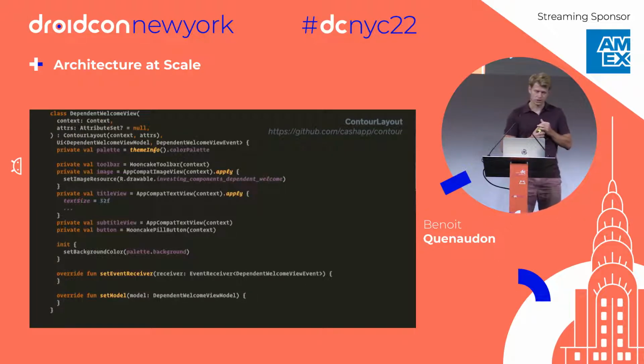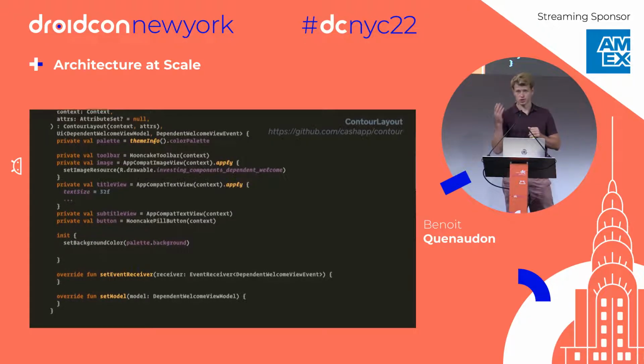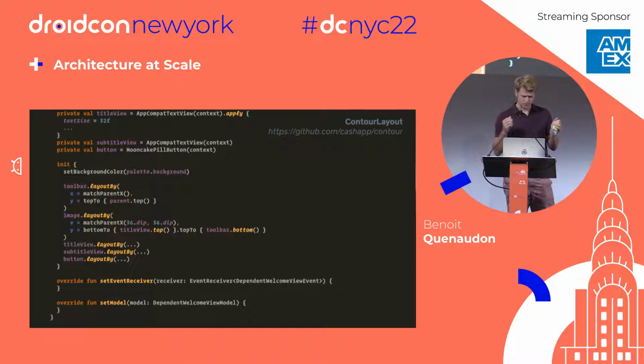And so like in a regular file, you would define all the views you need as members. So we have the palette, which is the way we theme things. You would inline style everything. And the Contour magic allows you to lay out everything. So the toolbar would be on the x-axis, you match your parent.